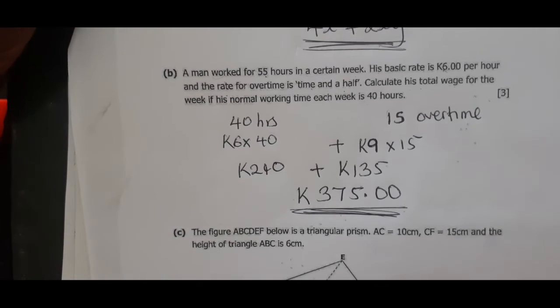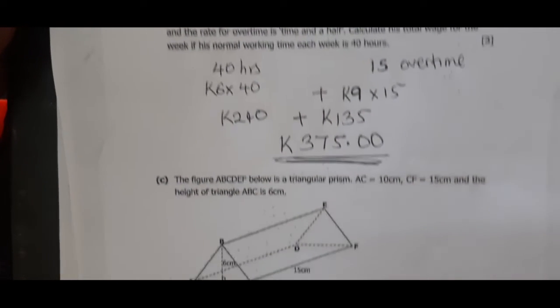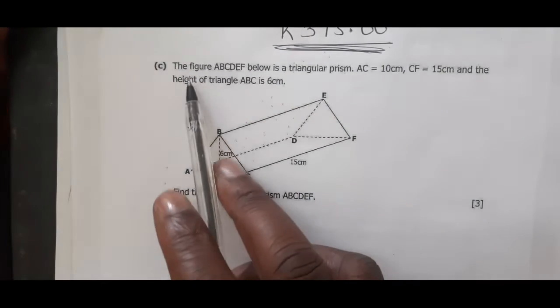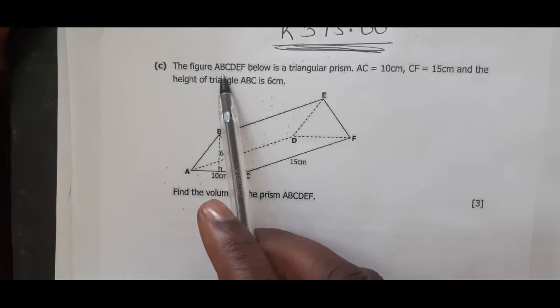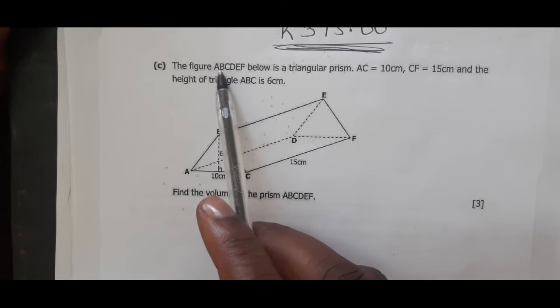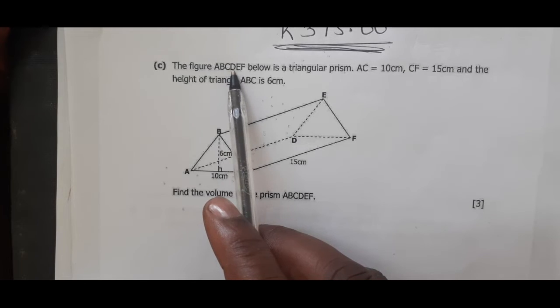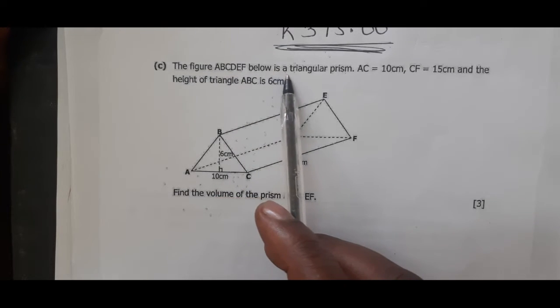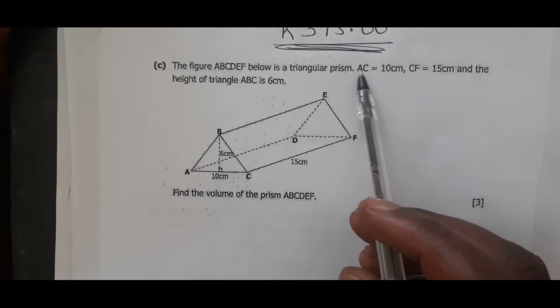All right, so we come to this question. The figure A, B, C, D, E, F below is a triangular prism.